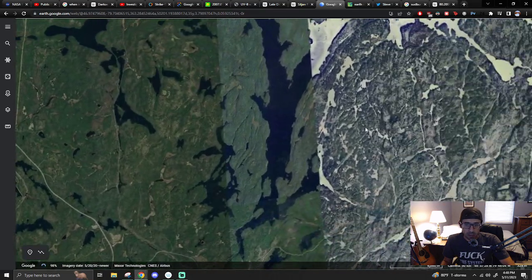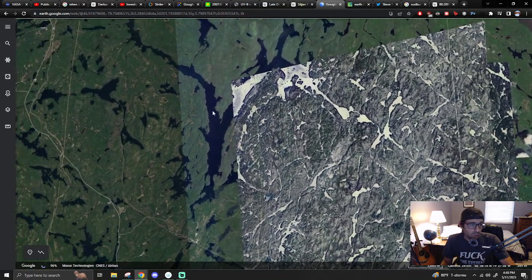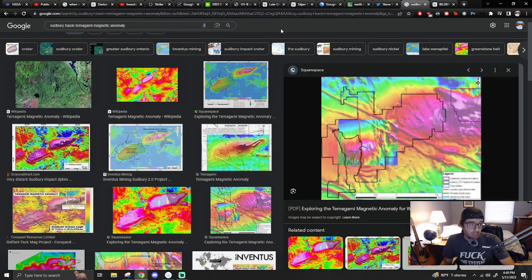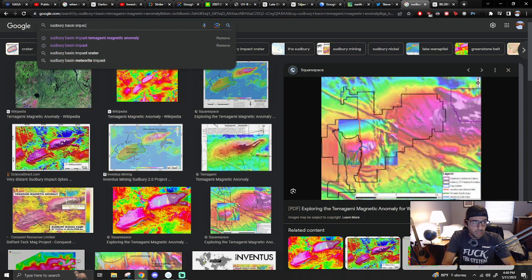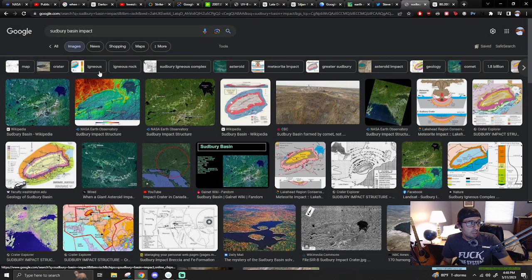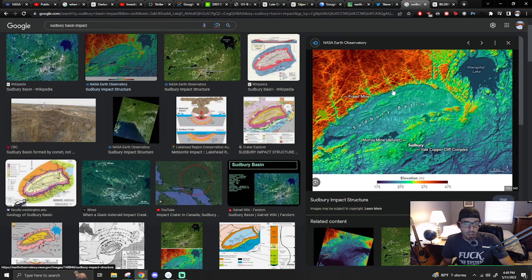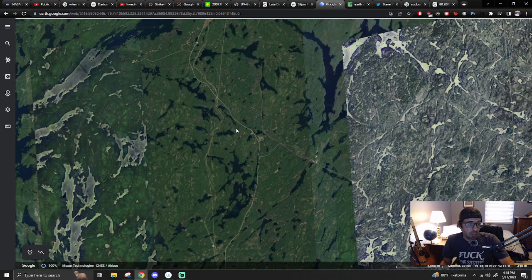is, I guess, frozen chunks. Is the Temagami magnetic anomaly, and then the Sudbury Basin impact is leading up to this lake.